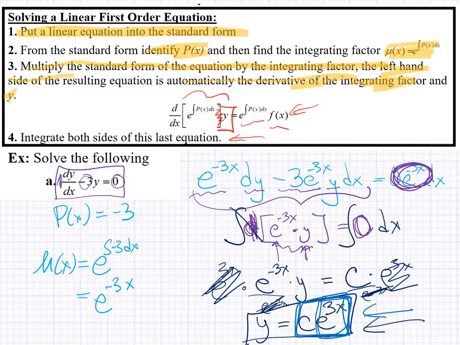Everything's a constant. 1, negative 3, 0, all the functions of x that are in this thing are constants. And the solution to the differential equation happened to be an exponential function. Again, doesn't mean anything to you right now, but in the next unit, we'll wrap back around to that.